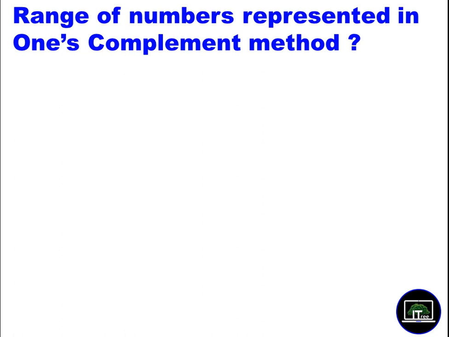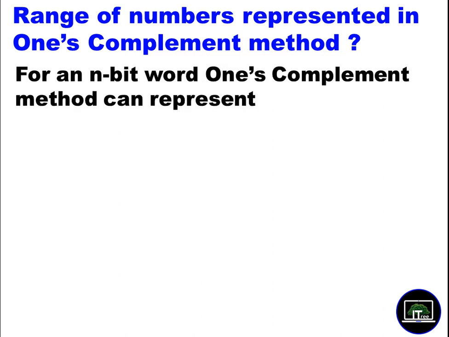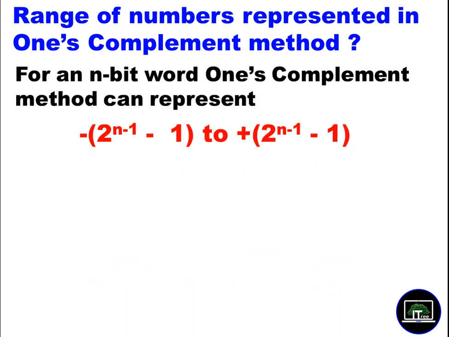Okay, we try to do something more to find out what range we can represent with one's complement numbers. This is the formula we can use for n-bit numbers: from minus 2 to the power n minus 1, minus 1, to plus 2 to the power n minus 1, minus 1.